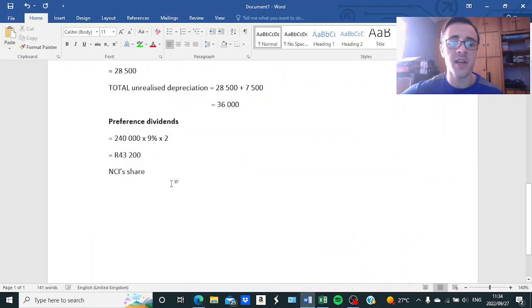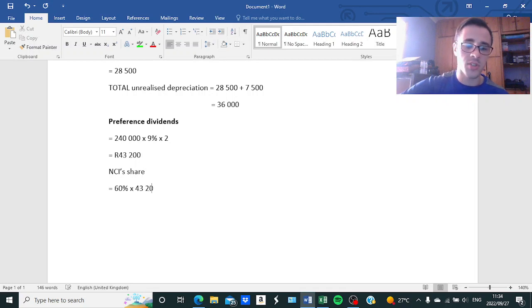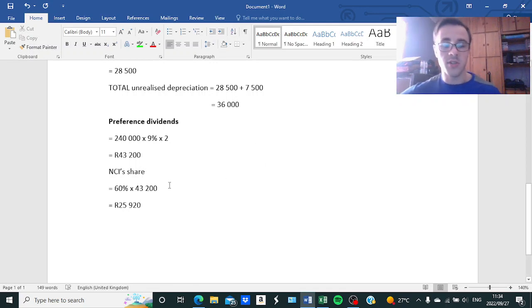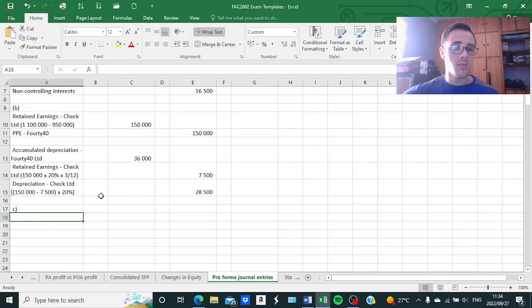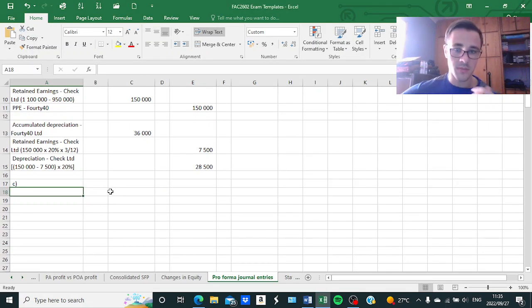So to calculate the NCI share in preference dividends, we will take 60% and multiply by the value of preference dividends paid, which is 43,200, and that should give you an amount of 25,920 Rand.